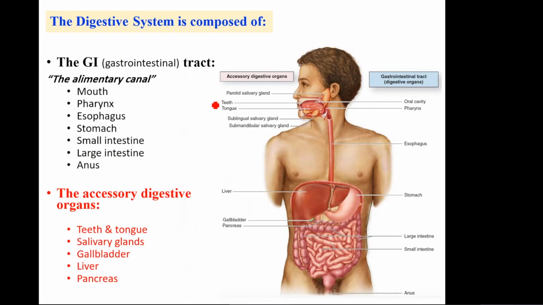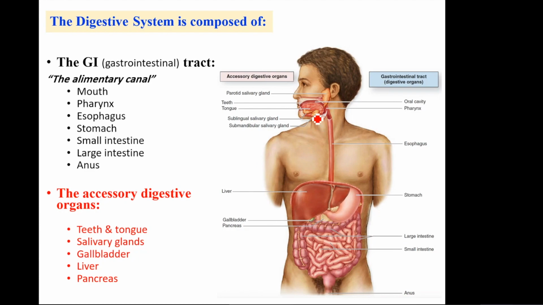So, guys, you know from the previous lectures that the GI system can be divided into the alimentary tract or alimentary canal, and the accessory digestive organs.